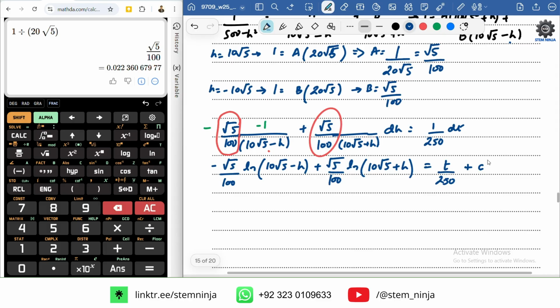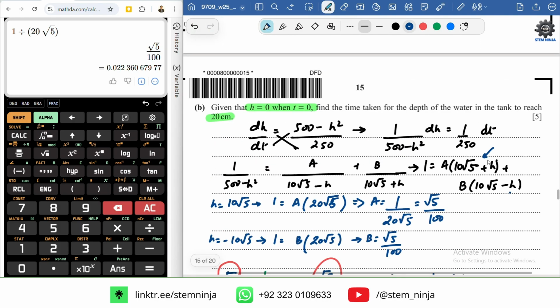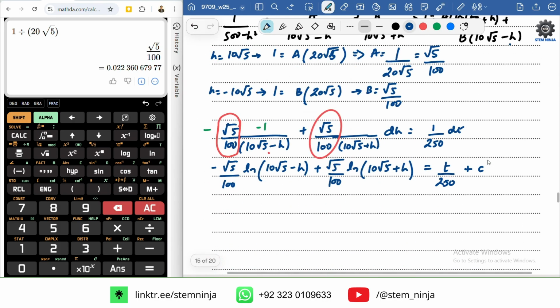Okay. It said that when h is equal to 0, t is equal to 0. So at t equal to 0, h is equal to 0.